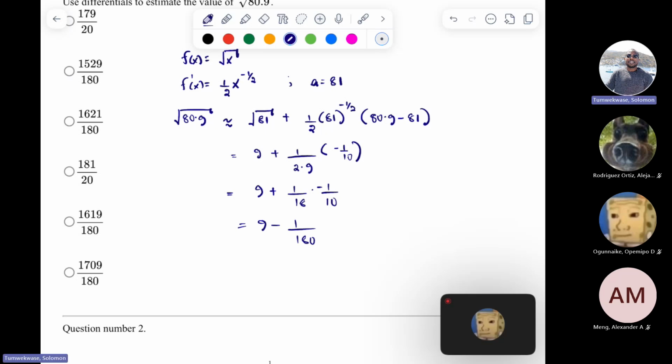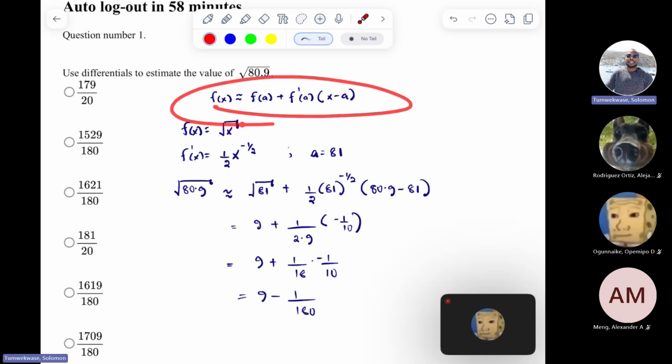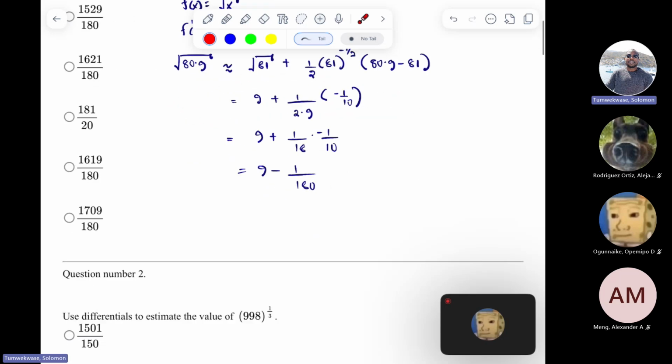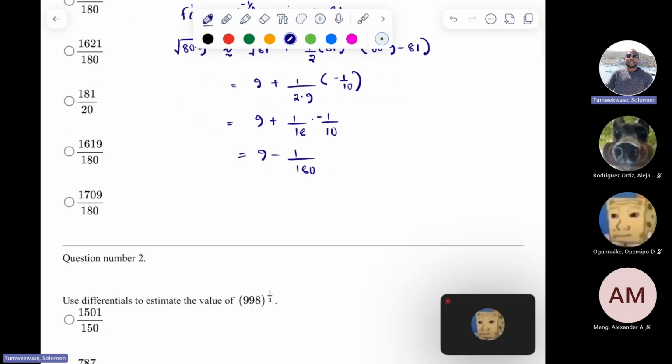And basically that is how, as long as you remember this formula, you can always approximate all these functions. So approximately this value is 8.9994, something like that.